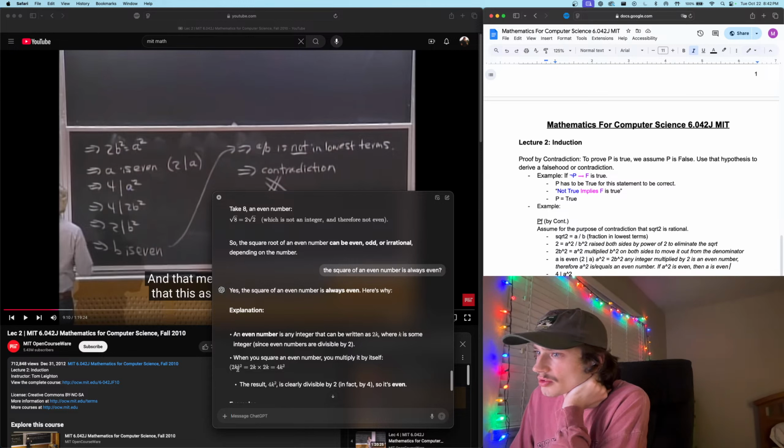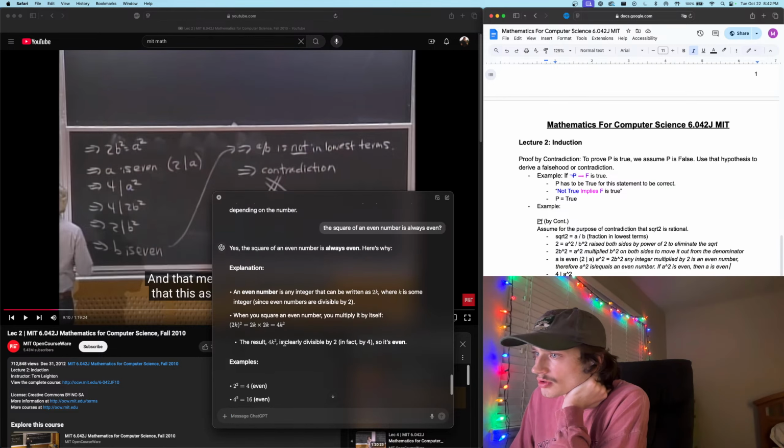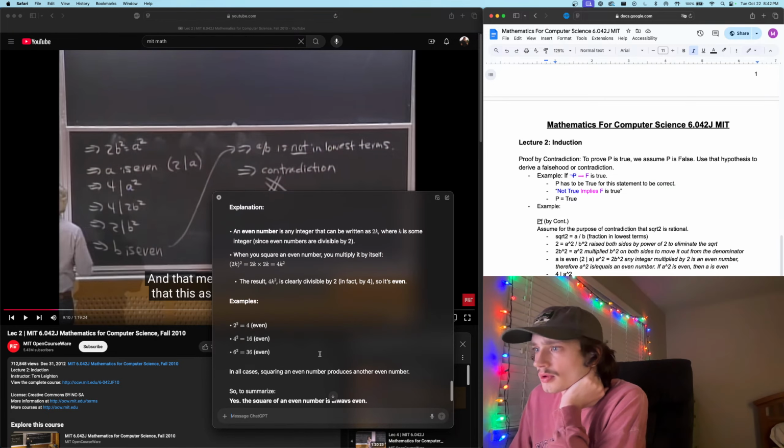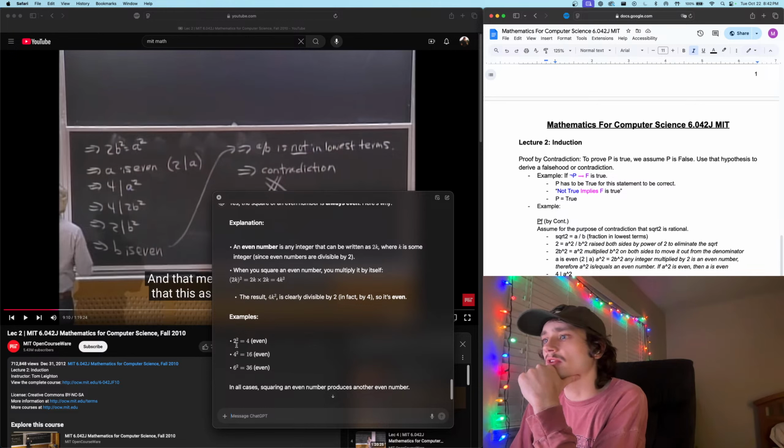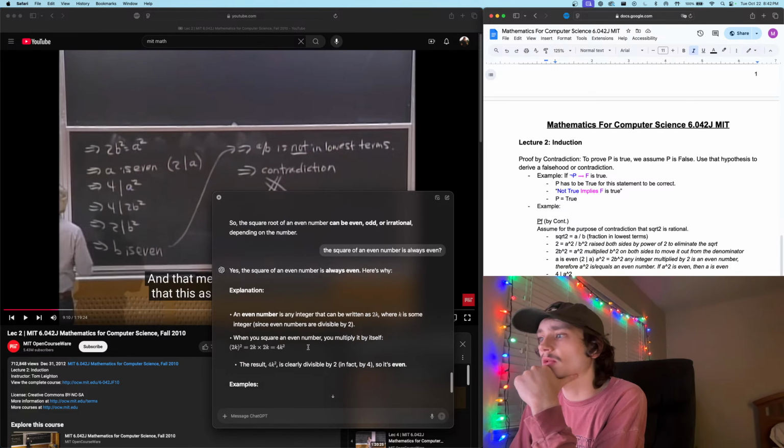So 2k squared equals 2k times 2k, which is 4k squared. You could divide by 2 and it's still even, divisible by 4. So if it's divisible by 2, it's also divisible by 4. It's a multiple of, I mean.